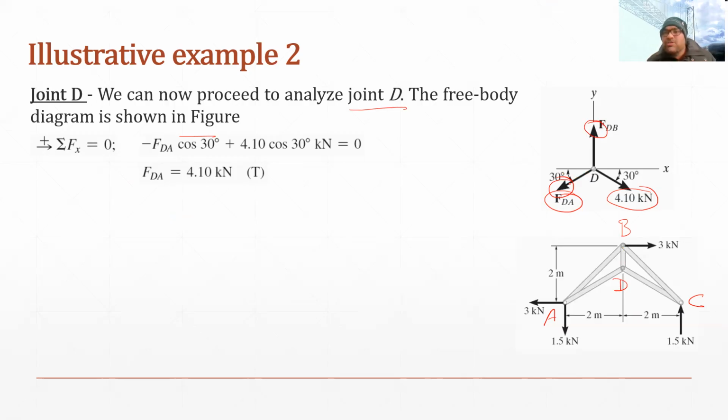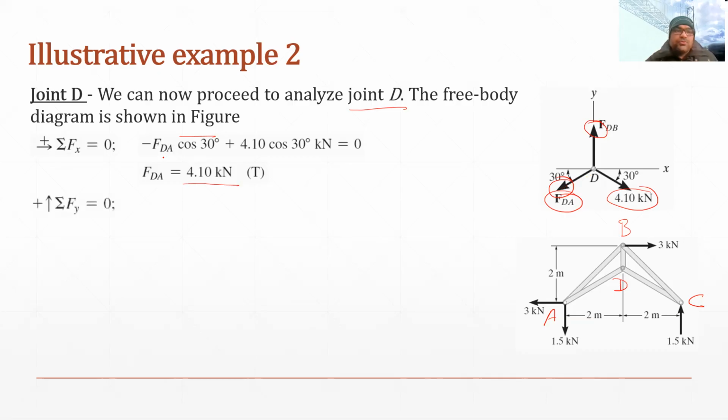If your value is positive, then your assumption is correct. That is what we are following. So for the FDA value, because we have assumed that there will be tension in member DA, we have pointed it away from joint D. Our value is positive, which means our assumption is correct.